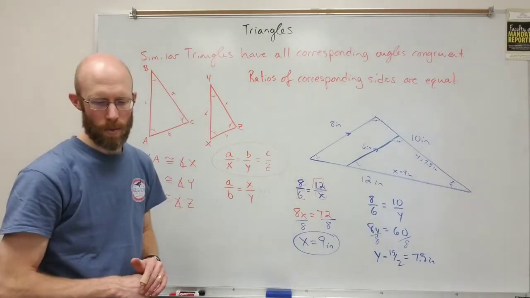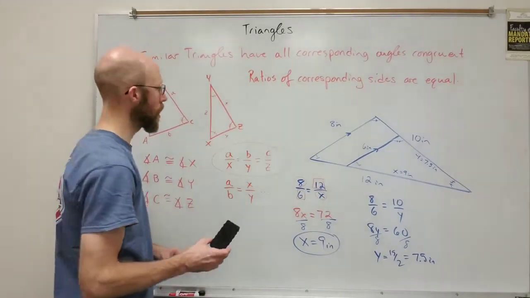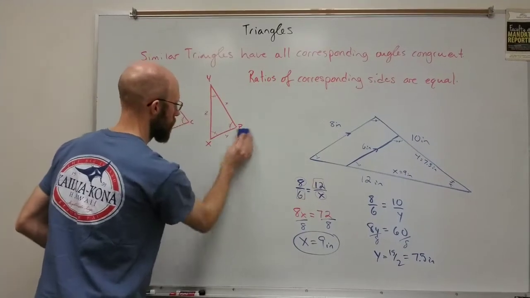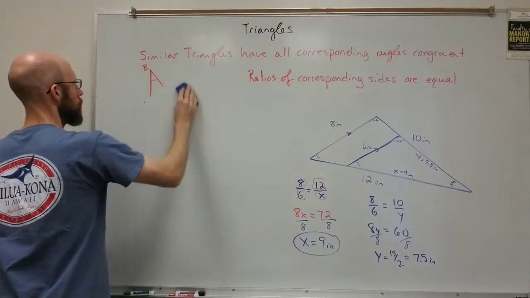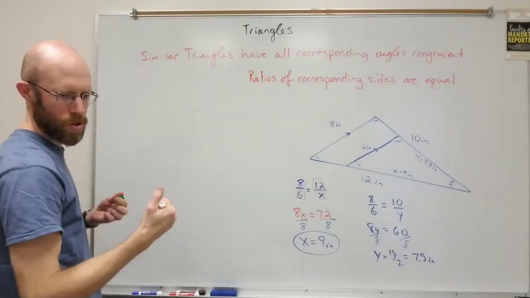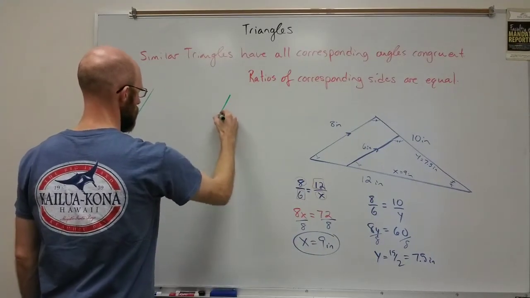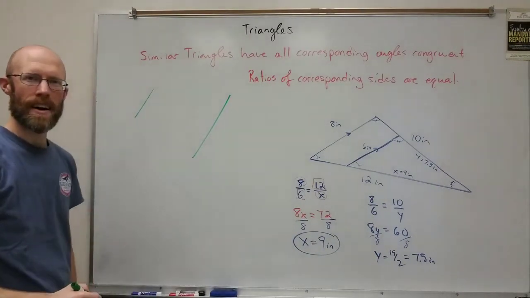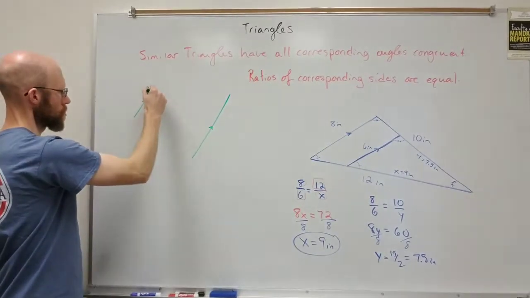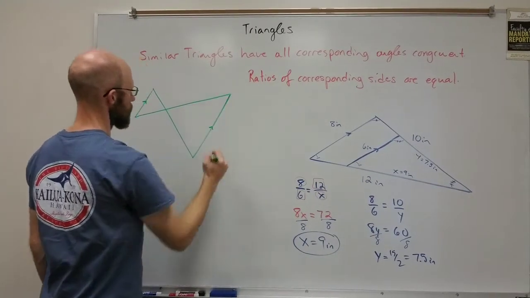lengths. We can also look at angle measures using similar triangles as well. Let's get rid of this. We can set up a set of similar triangles by having two parallel lines, kind of like I often call this a bow tie. Two parallel lines cut by two transversals, one going this way and one going this way.